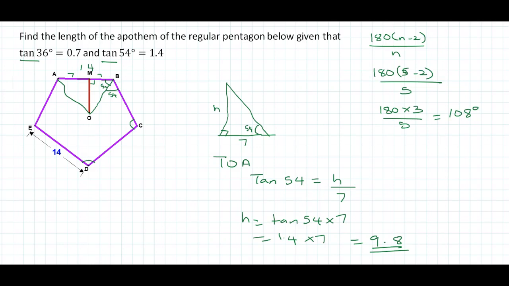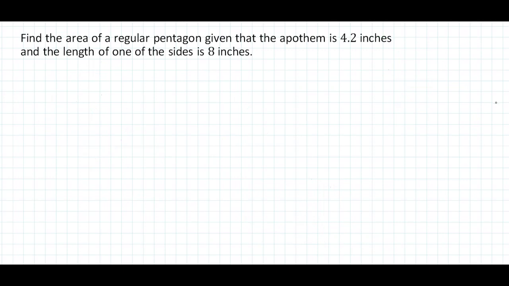So let's go ahead and look at some other examples here. Find the area of a regular pentagon given that the apothem is 4.2 inches and the length of one of the sides is 8. So the area of the pentagon, you have two choices: 1/2 multiplied by the perimeter of the pentagon multiplied by the apothem. We're going to try that method and I'll try the other method as well.